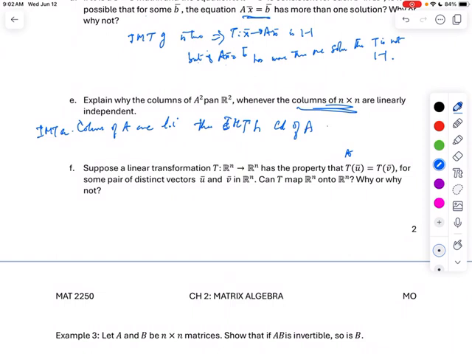So here the same thing, and now from the IMT L, no, sorry, A square. So A square is just A times A. So A square is invertible. So if A is invertible, then A square is invertible.